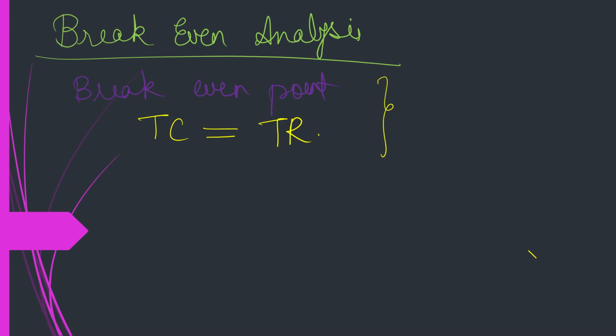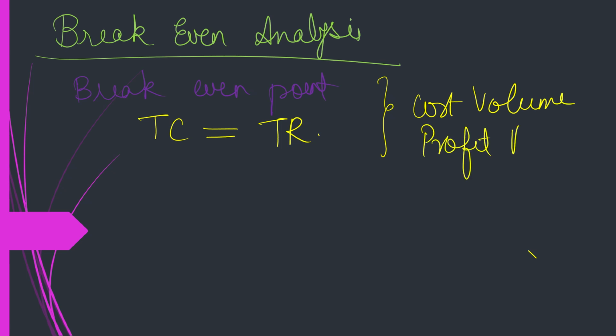This is also known as cost volume profit analysis. This analysis helps us find out profit at different levels of sales, and to make managerial decisions regarding sales and the break-even point.